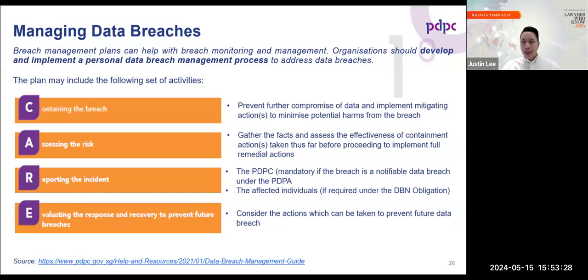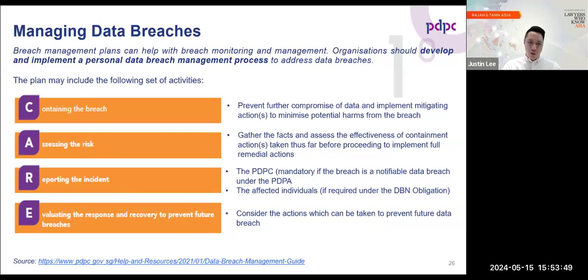They are very clear, they're calm, they can respond effectively instead of being in a panic and making mistakes, right, making the problem worse, exposing the company to more liability or further damage from the incident. There is a data breach management guide that the PDPC has created to help you think about these things.